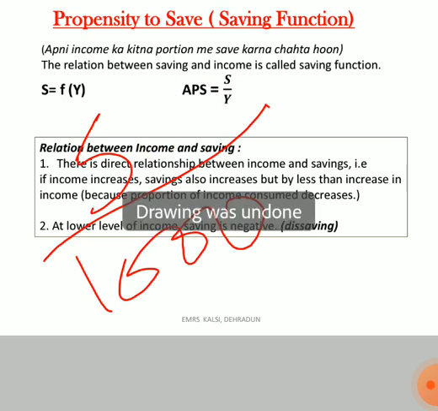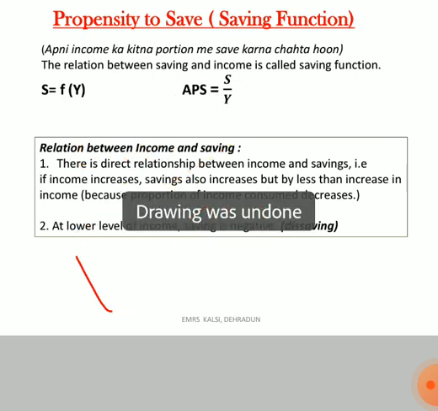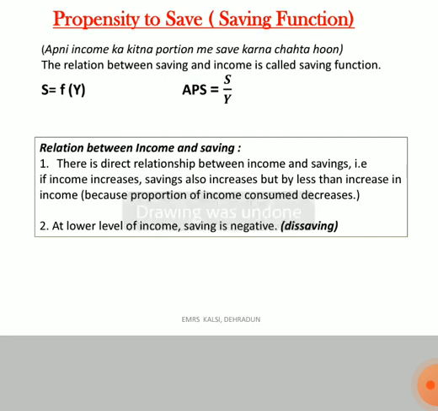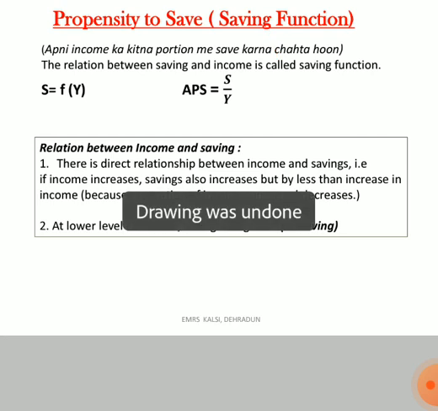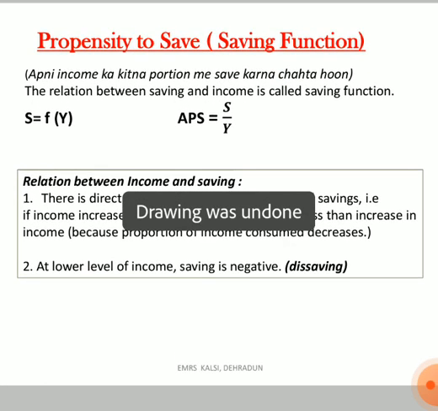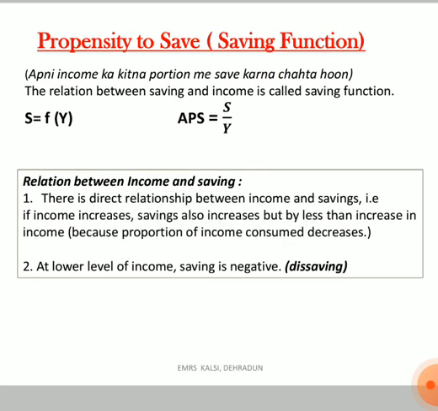It is the same as the consumption function, but the word here we are using is savings. Now we have to see important points here. First is the relation between income and saving. There is a direct relation between income and saving. If income increases, saving also increases, but less than the increase in income.